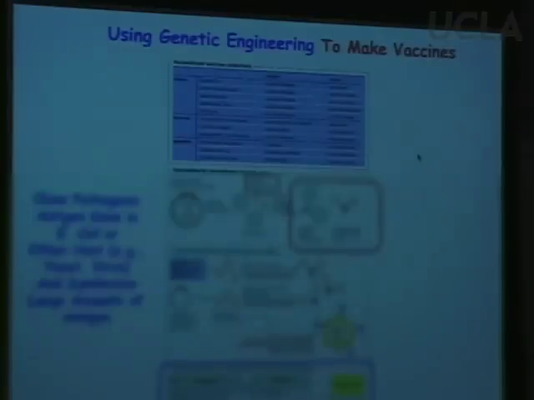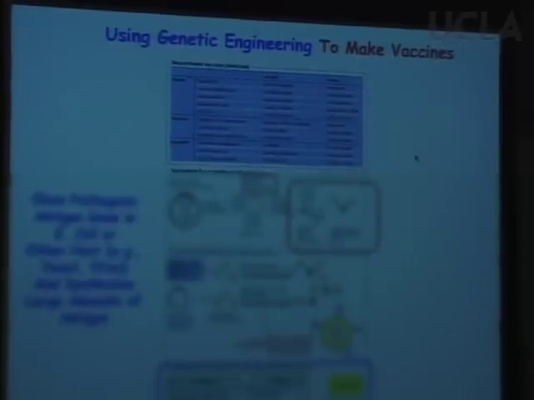Okay. Then you can use genetic engineering to make the vaccine, because you have to be able to make a vaccine that can vaccinate us. There's a variety of ways in which that can be done. One of the ways is to make the protein in large amounts in E. coli and take the pure protein and then inoculate us, and it elicits an antibody-antigen reaction.